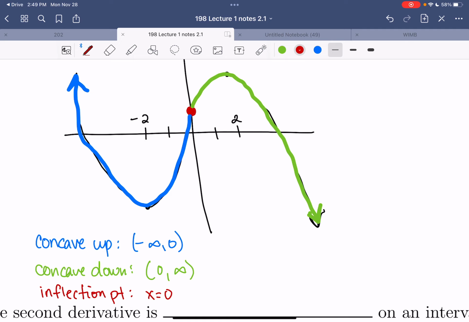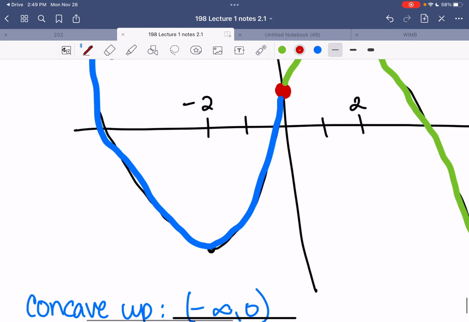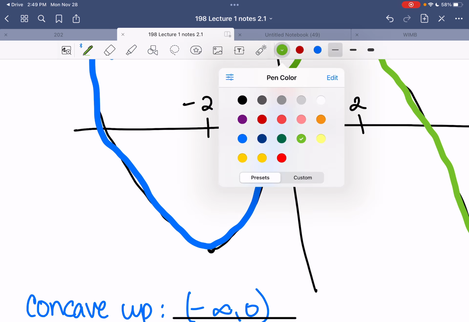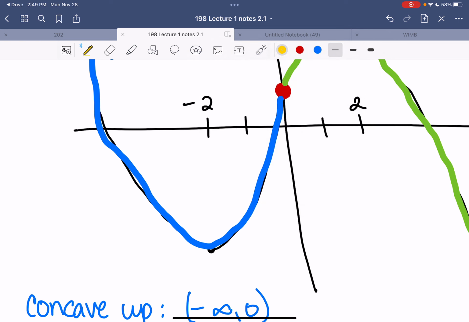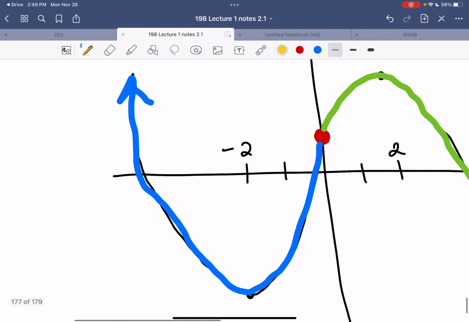So let's look at our tangent lines. So if I think about drawing in a bunch of slopes of tangent lines here, let me pick a fun color. Let's go with this one. All right, so on this blue line, let's draw in some tangent lines.